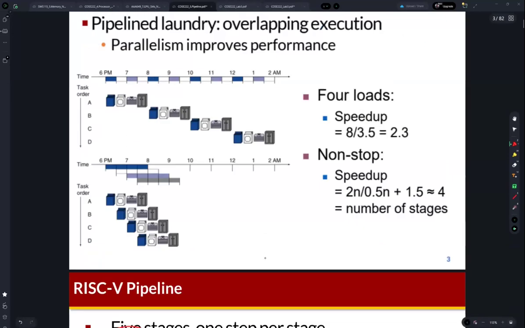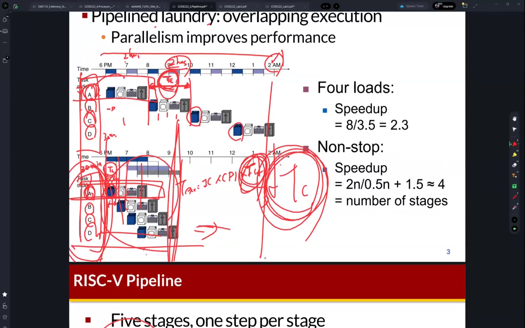In this analogy, if there are many tasks, then we can increase the performance by 4 times, right? So the speed up is nearly 4 compared to the single cycle design. It is because this design takes 30 minutes to receive one task, but the single cycle design takes 2 hours.